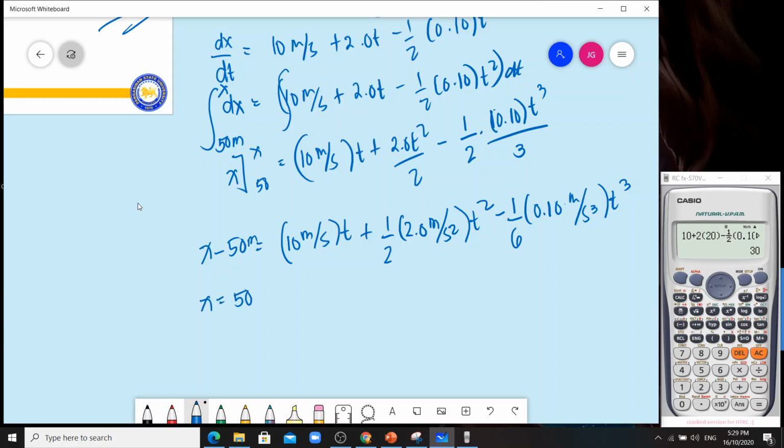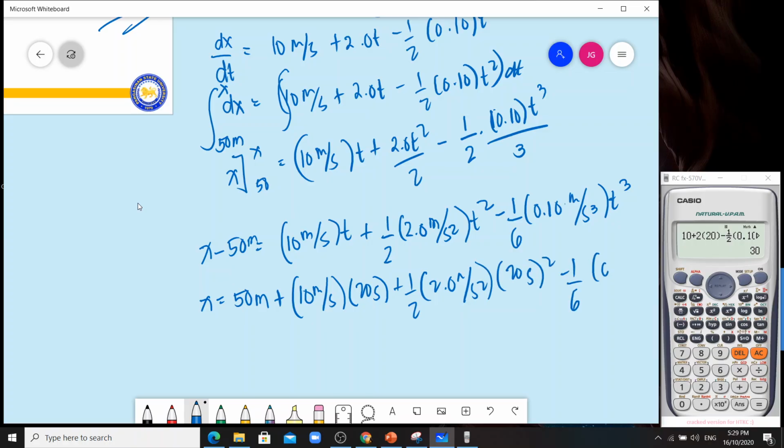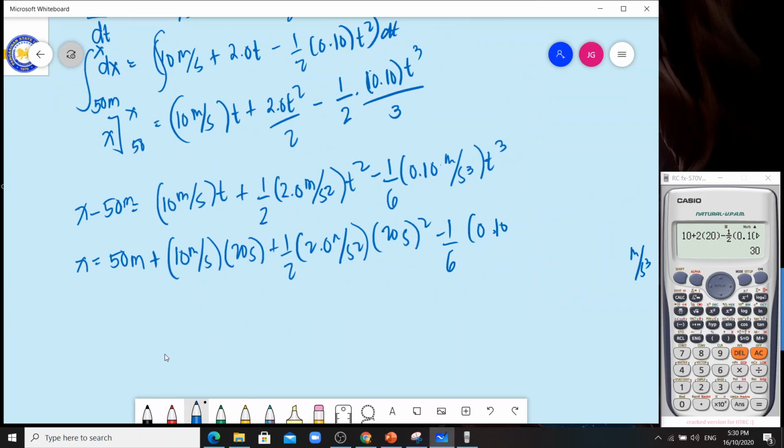X is equals to 50 meters plus 10 meters per second 20 seconds plus 1 half 2.0 meters per second squared 20 seconds squared minus 1 over 6 0.10 meter per second cube 20 seconds cube.